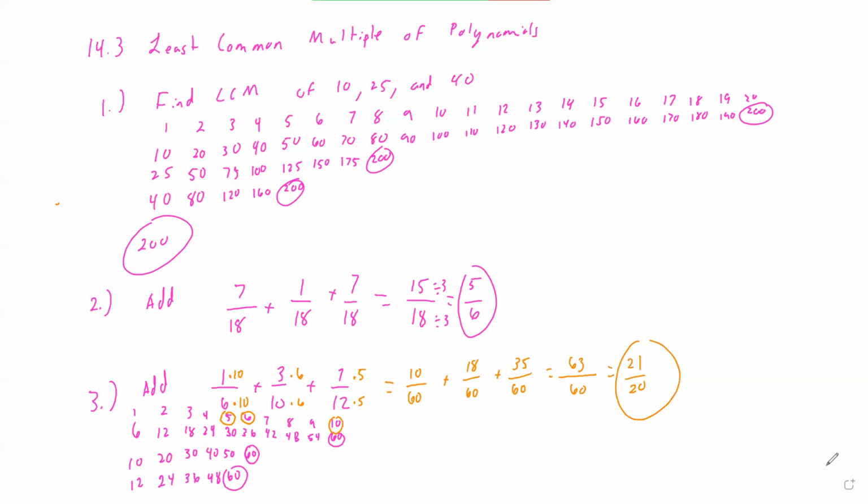So let's look at more of an algebra approach. We're going to still find the least common multiple, but this time we're going to be given 5x plus 15 and x squared minus 9. So these are our two. So here's the best approach with polynomials.